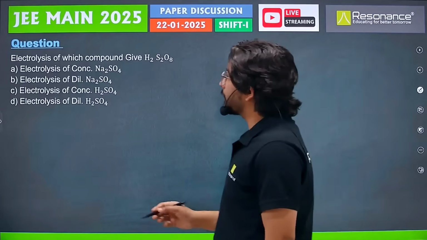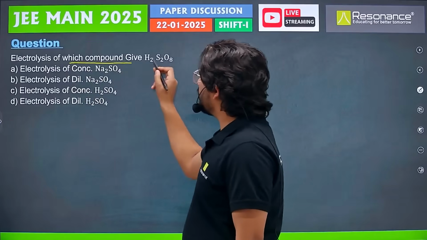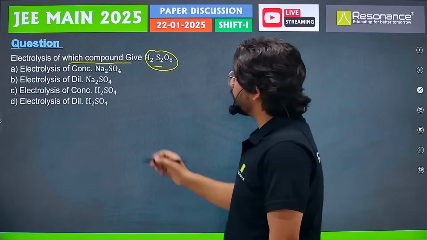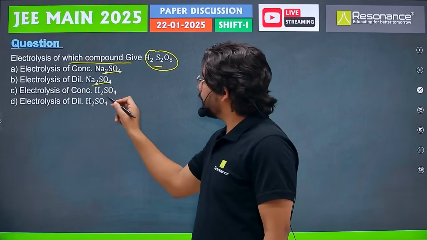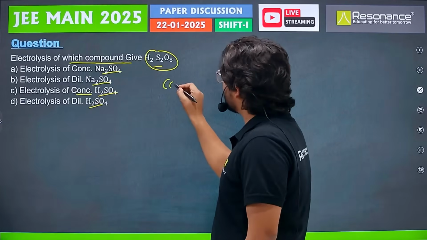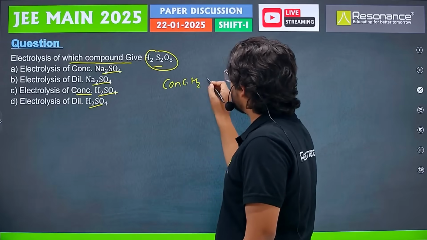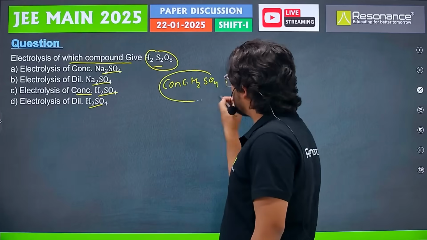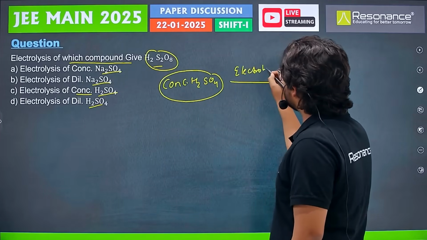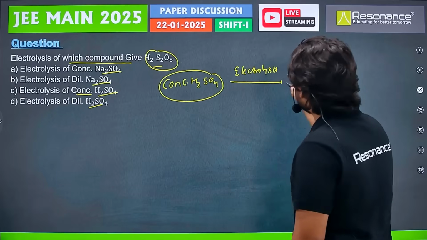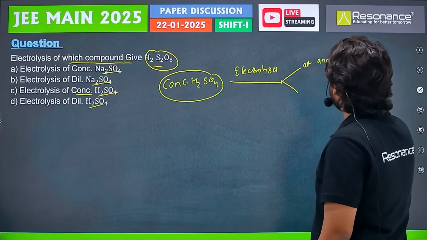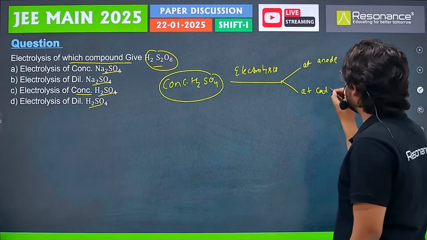Question. What are they asking here? Electrolysis of which compound gives H2S2O8? As you can see, Na2SO4, H2SO4. So let's take the concentrated H2SO4. Concentrated H2SO4 on electrolysis gives two products, at anode and at cathode.